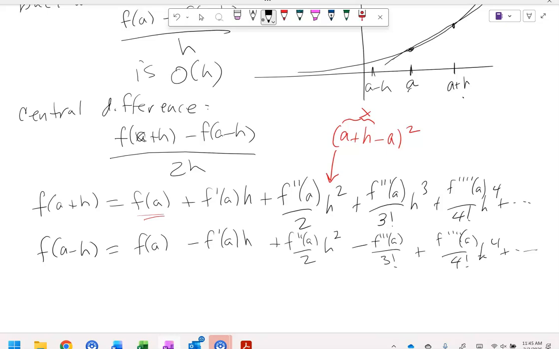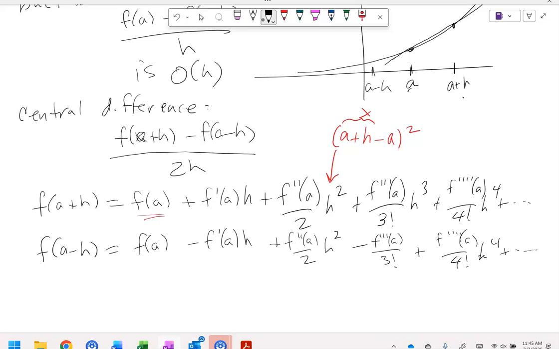Makes every other term negative, doesn't it? Now, remember, it's really easy to lose track of the forest because you smacked your head into a tree. Let's keep track of what we're trying to find here. We're trying to find an approximation for the first derivative, right?